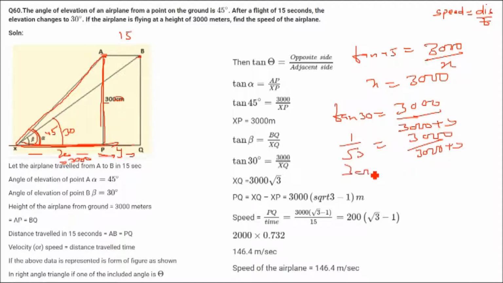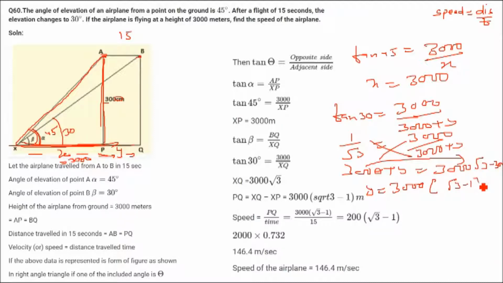So what do we get? 3000 plus y equal to, I am cross multiplying, equal to 3000 root 3. So in order to get y, I have to take this 3000 on this side. So y will be equal to 3000. I am taking 3000 outside. This will be root 3, and when minus 3000 comes here, it will be 3000 root 3 inside and minus 1.